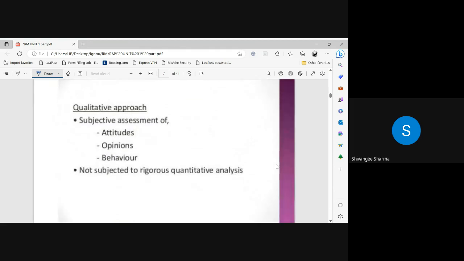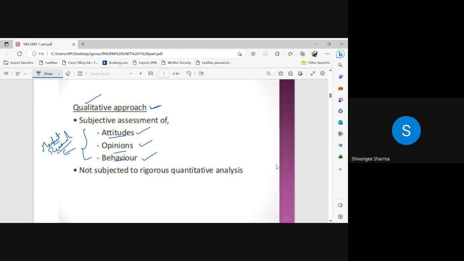The next is qualitative approach. Qualitative is when you analyze attitudes, opinions, and behavior. These kinds of research are very common in market research related to businesses. When you are analyzing customer satisfaction, employee satisfaction, or human resource or personnel related problems, then we use this qualitative approach in which we determine attitudes, opinions, and behaviors of individuals.